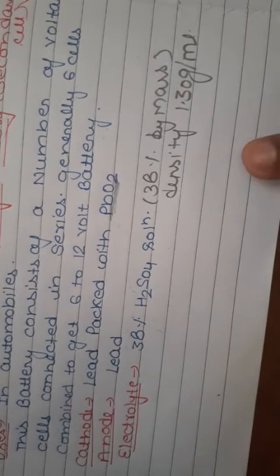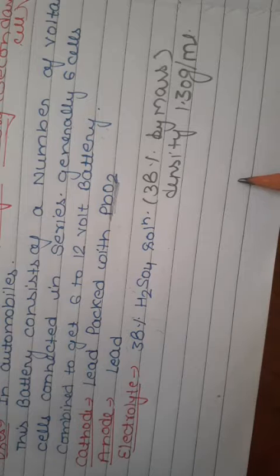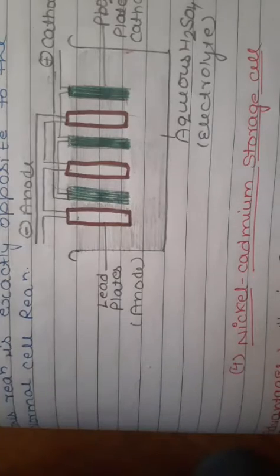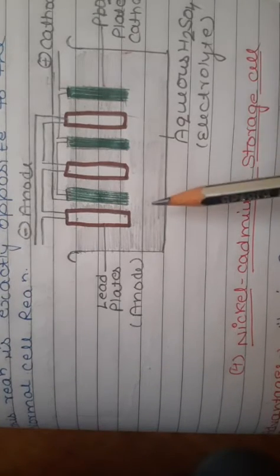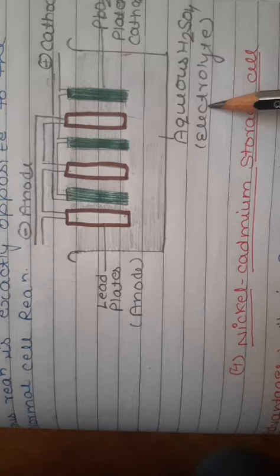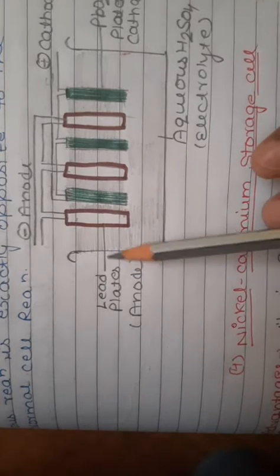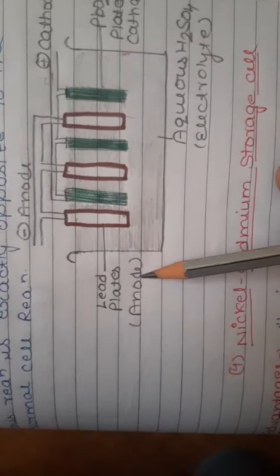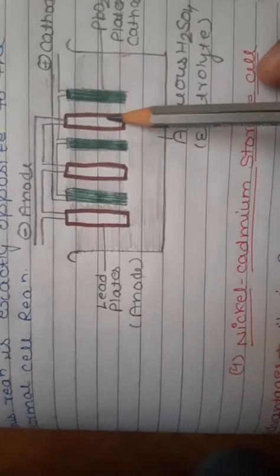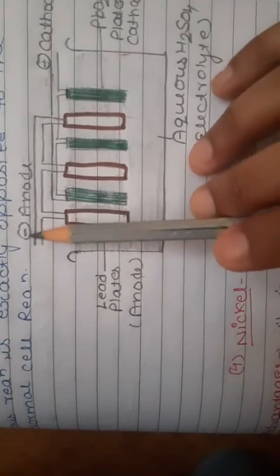When the lead plates are used for some time, a deposit of lead sulfate is formed on them, like you can see in the diagram. This is the diagrammatic representation of the lead storage battery. Students, these lead plates work as the anode and are negatively charged.